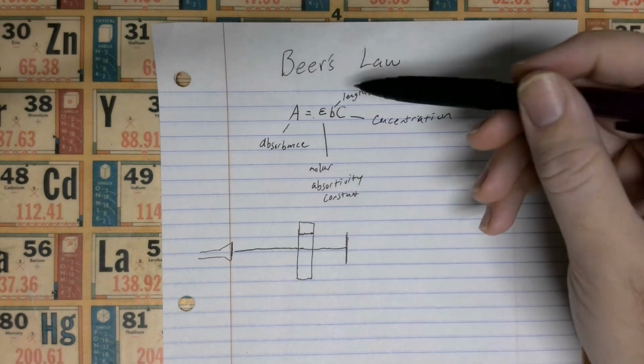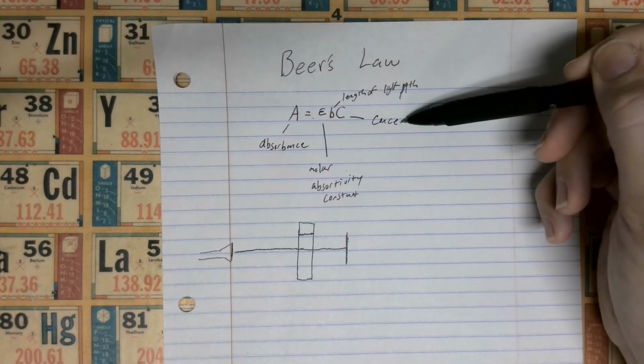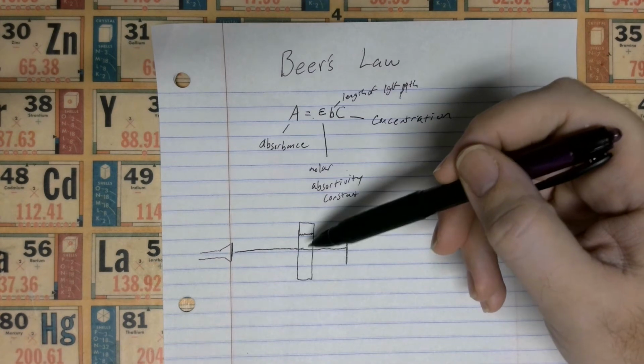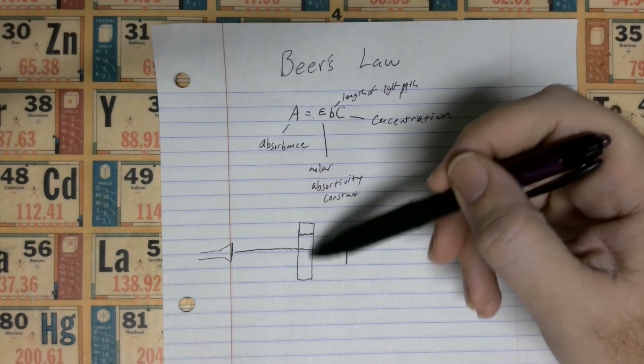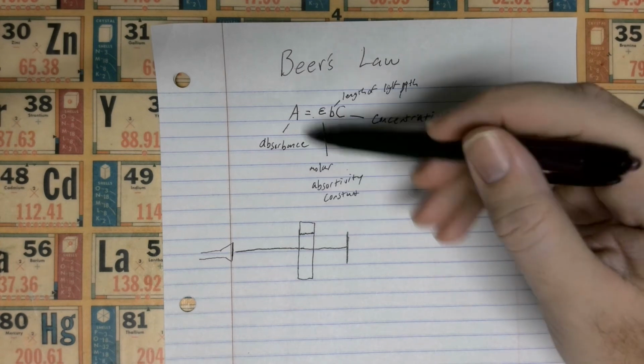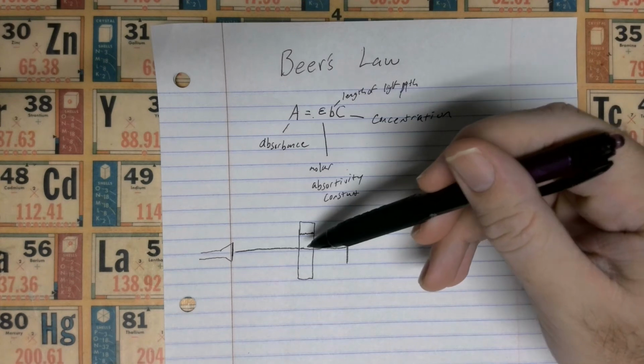So what Beer's law says is, if we think about this as being some sort of colored solution, as the concentration increases, absorbance will also increase because it's going to absorb more of the light.